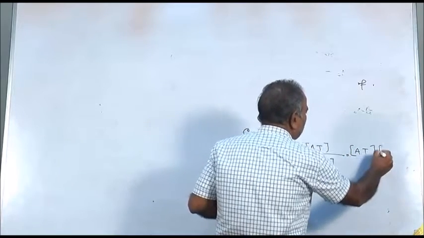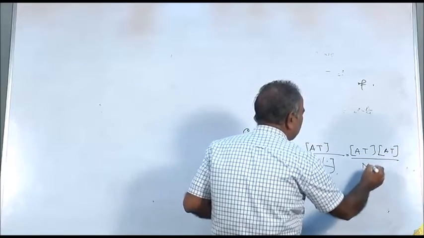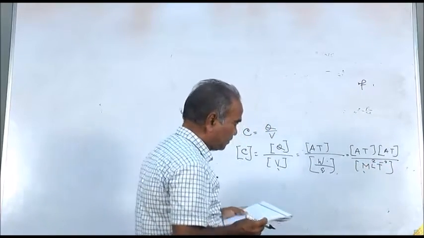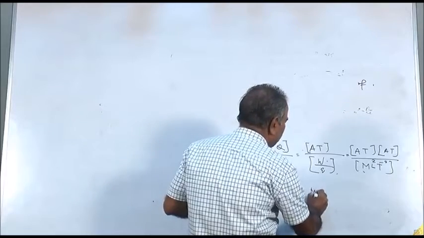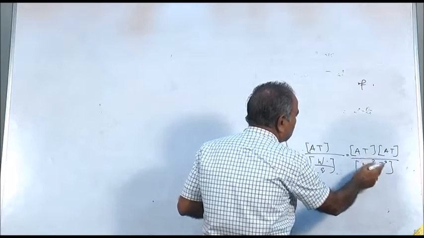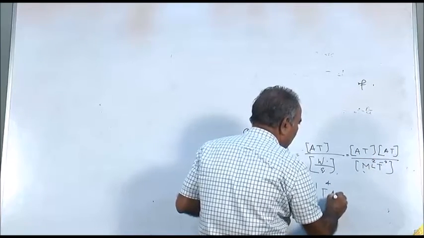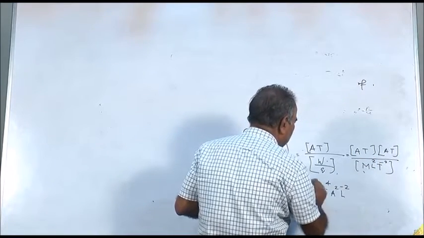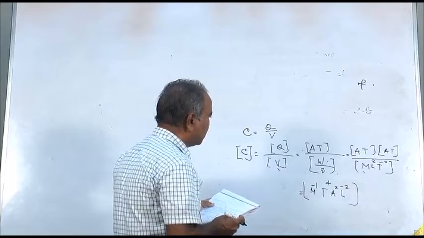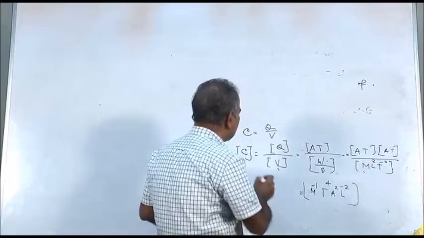Q goes up, so the dimension is also AT. The dimension of work is force into distance, ML squared T to the power minus 2. So this is equal to M to the minus 1, L to the minus 2, T to the power 4, A squared. So this is the dimension of the capacity.